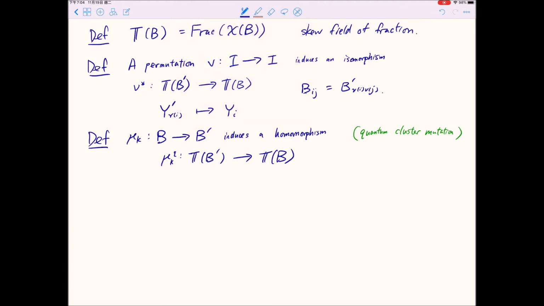And the formula is a little bit familiar, but kind of different because it's now in a quantum case. So if the index is the same as the direction of mutation k, then it's just like before, you take the inverse. Otherwise, you will have the formula of this sort.